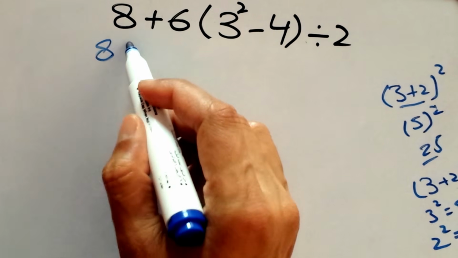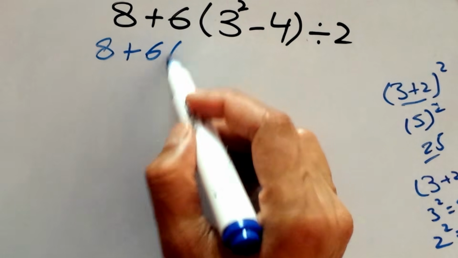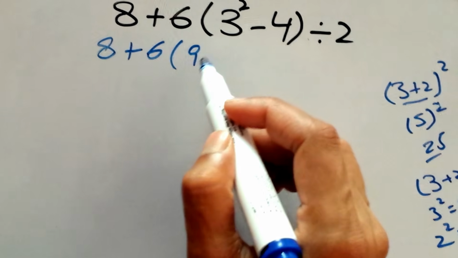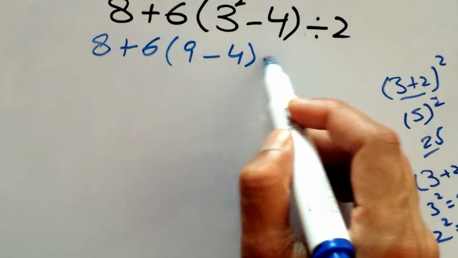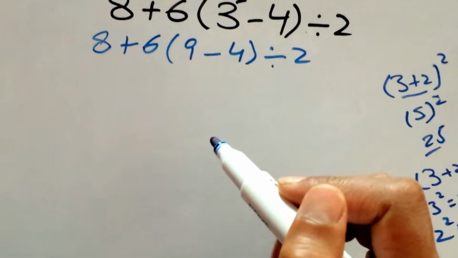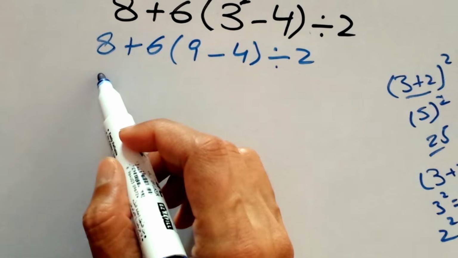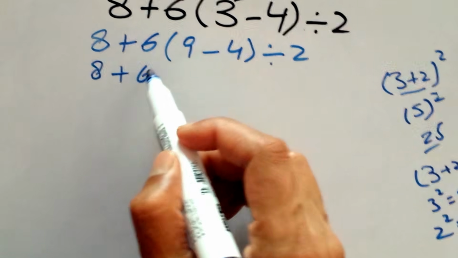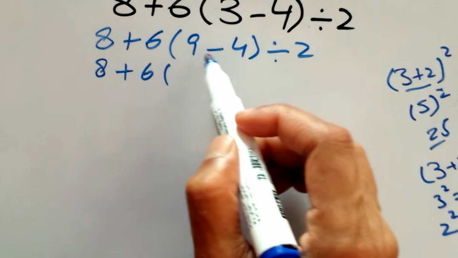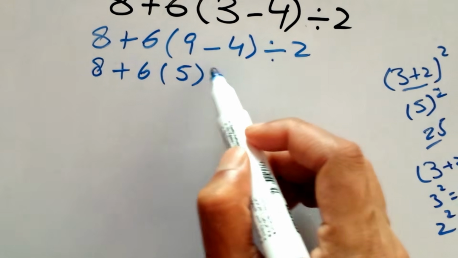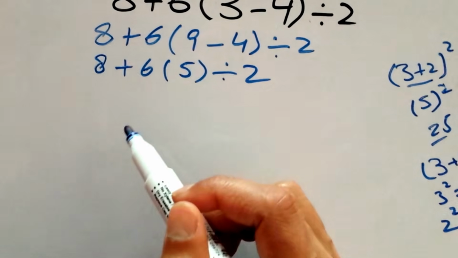So 8 plus 6, 3 squared means 9, minus 4, and divided by 2. Now parenthesis again, 8 plus 6 and 9 minus 4 equals 5, divided by 2.